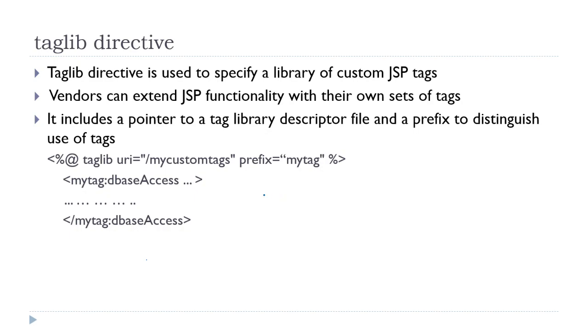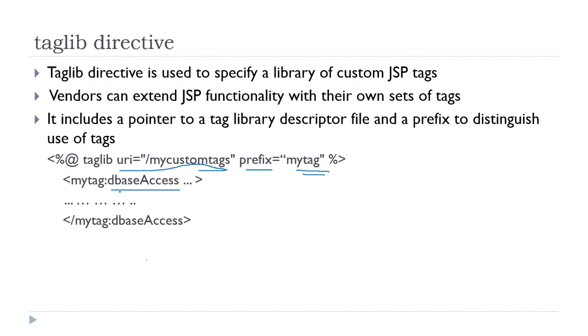What we have to do is specify the folder in which our tags are stored. So the URI will be the path wherein our custom tags will be, and to use these custom tags we will need a prefix, which can be defined using the prefix attribute. So myTag is the prefix here, and this dbaseAccess is the custom tag that we have created, which is inside my custom tags.